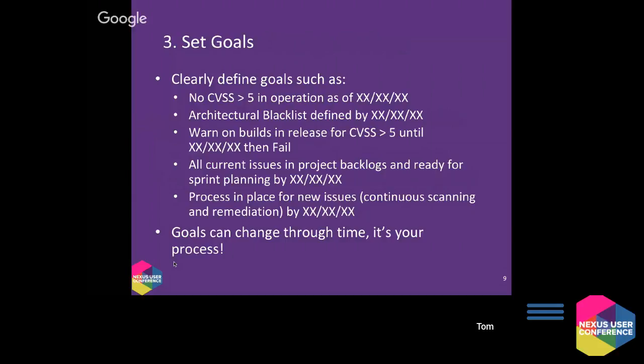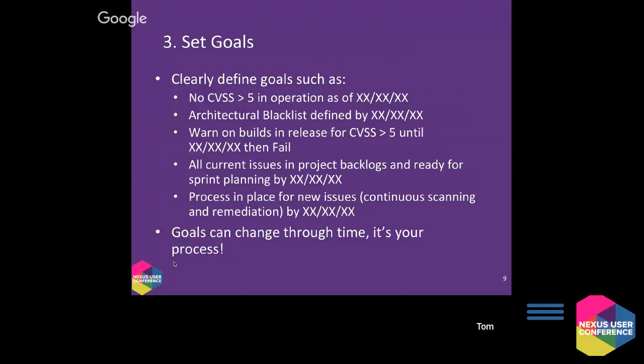Having that defined, putting that in writing. Moving down into policy type things: warn on builds and release for CVSS greater than 5 until a certain date, and then fail after that date, and communicate that to the development team and all of the stakeholders, that these are our goals.